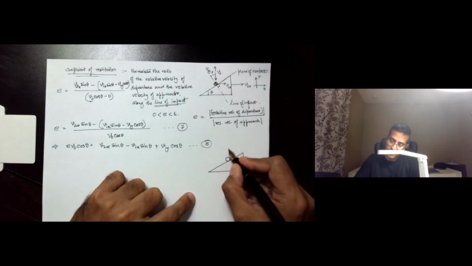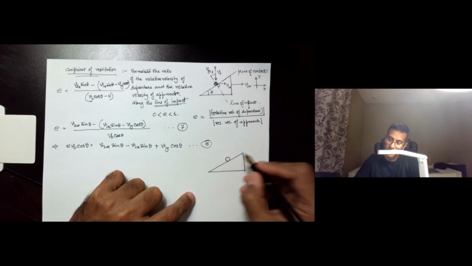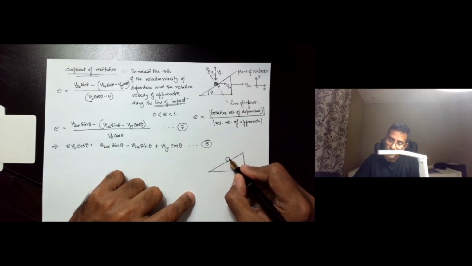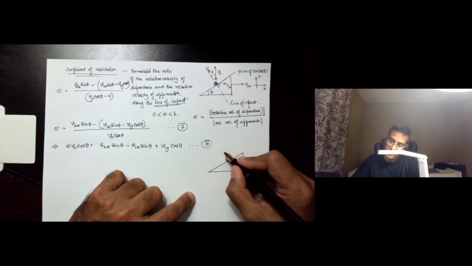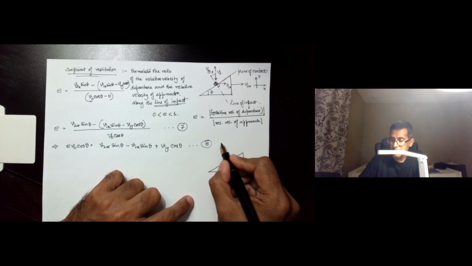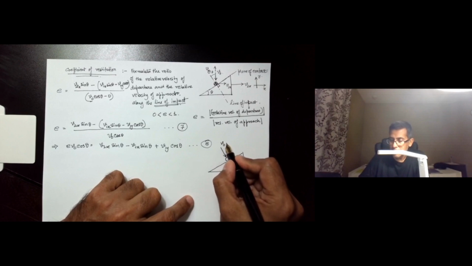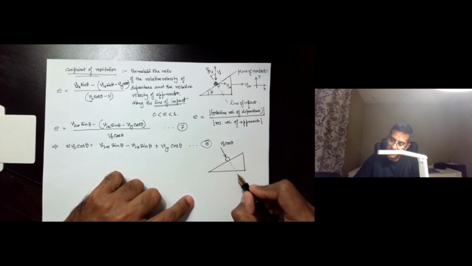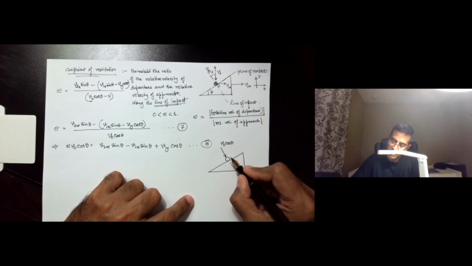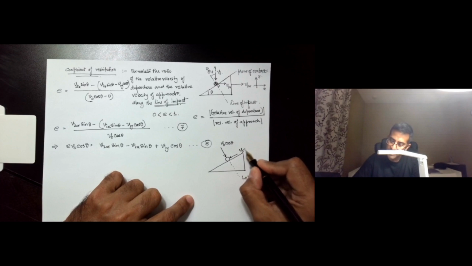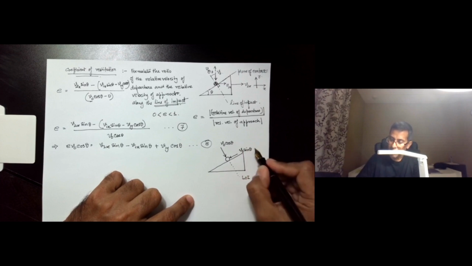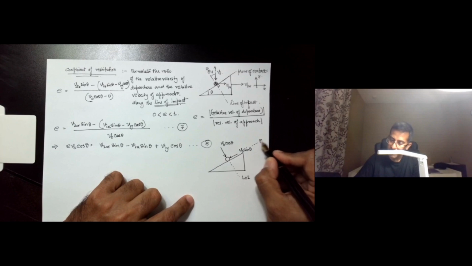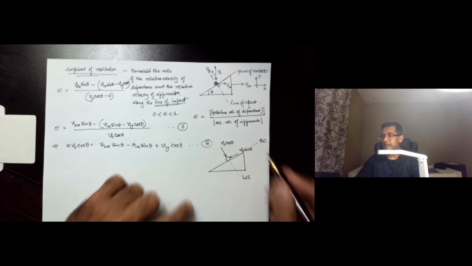At that point, you can say that the velocity is v0 vertically, but you could also say that the velocity is v0 cosine theta in the direction along the line of impact, and v0 sine theta along the plane of contact. So this is the line of impact and this is the plane of contact.